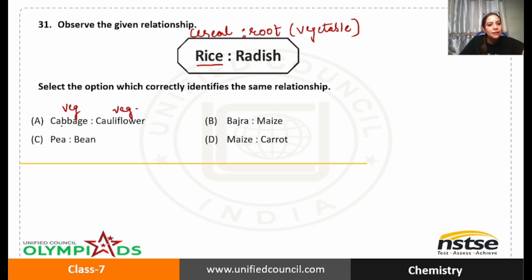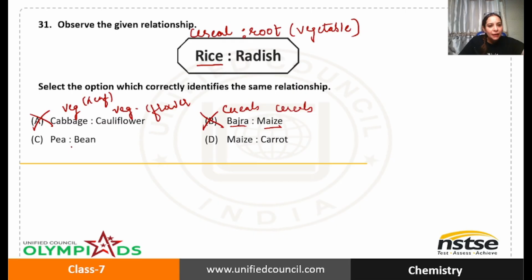Cabbage is obtained from the leaf part of the plant, and cauliflower is a flower. So no to this option, because we need an option which is cereal to vegetable or cereal to root. Second, bajra and maize. Both of them are cereals. So again, no.